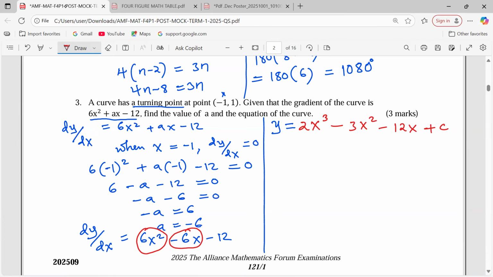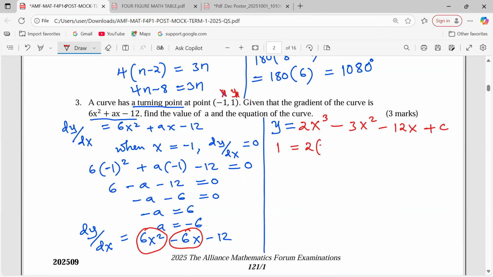With the general equation of the curve, we can find the specific curve because of the provided coordinate here, whereby with the coordinate x, y, it means when x is -1, y is 1. So y is 1 when x is -1.